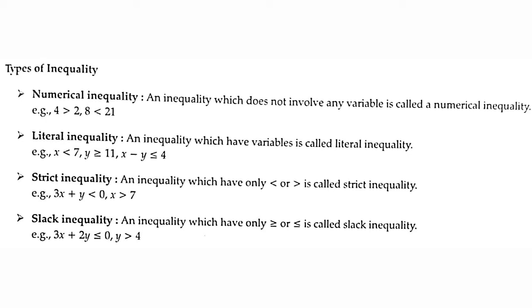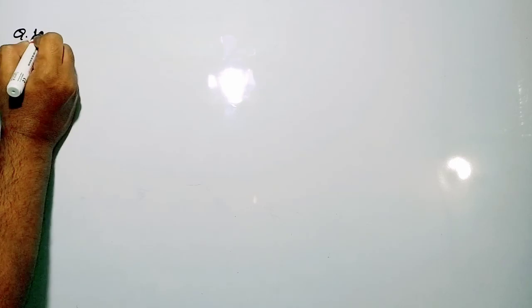For example, x less than 7, y greater than or equal to 11, x minus y less than or equal to 4. Strict inequality. An inequality which has only less than or greater than is called a strict inequality. For example, 3x plus y less than 0, x greater than 0. Slack inequality. An inequality which has only greater than or equal to, or less than or equal to, is called a slack inequality.